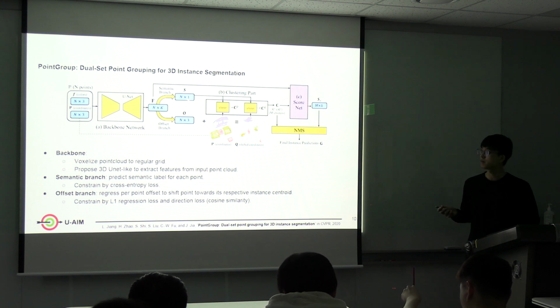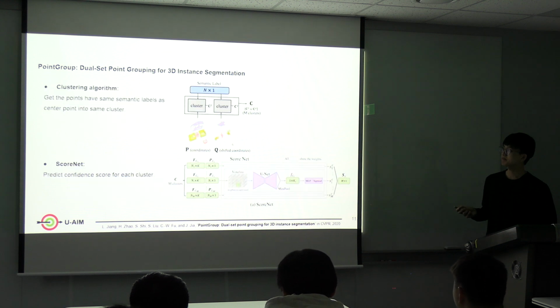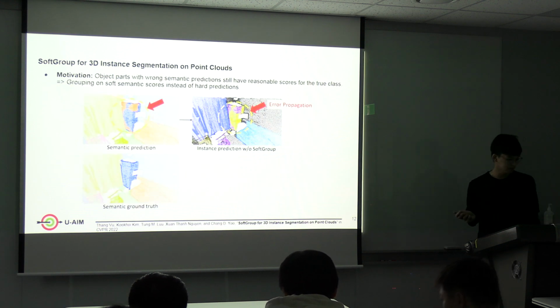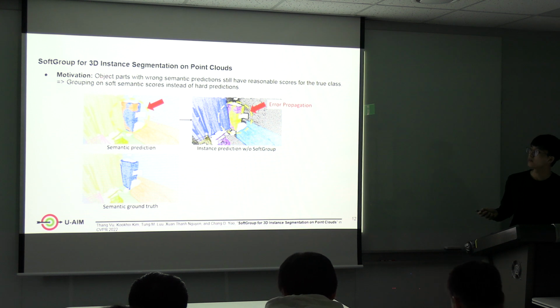So if you predict the wrong semantic class here, the instance result will be affected. So this one is the limitation I mentioned before.